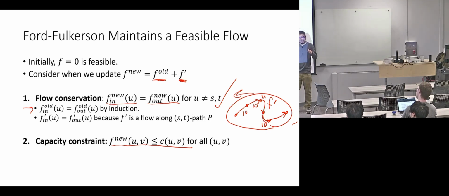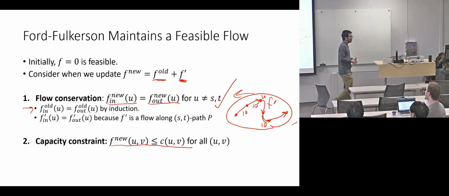We try to send flow F prime, find this flow here, in the residual graph, right? And when we try to send flow on the residual graph, it cannot exceed the remaining capacity. So you will not exceed the capacity because this flow that you add tries to respect the remaining capacity anyway.